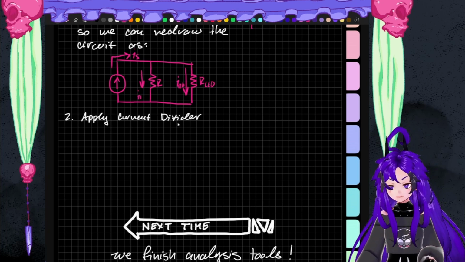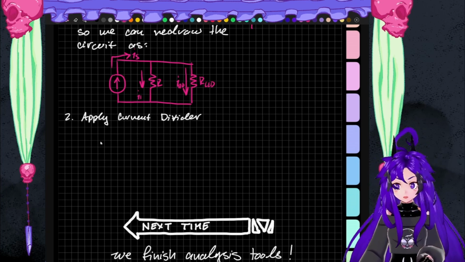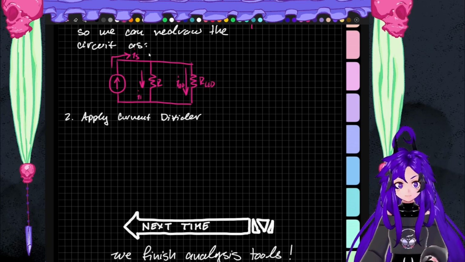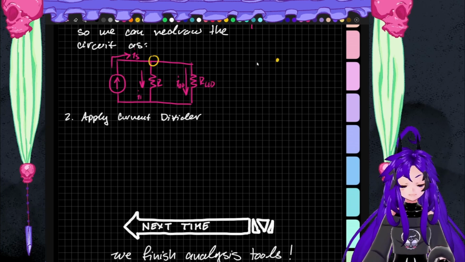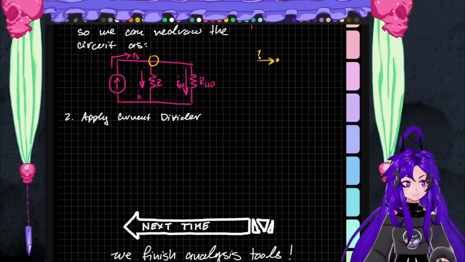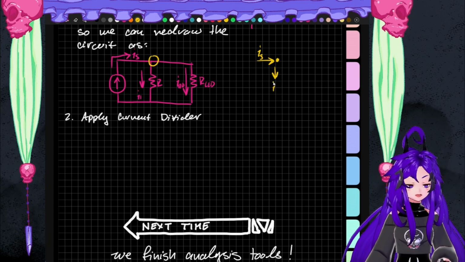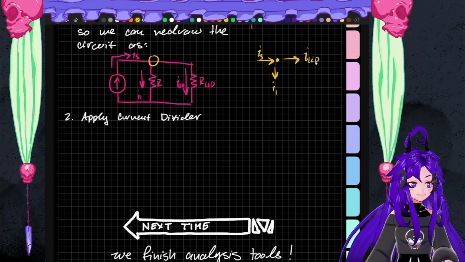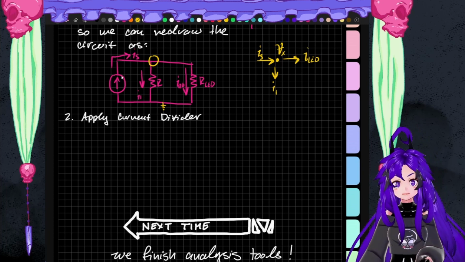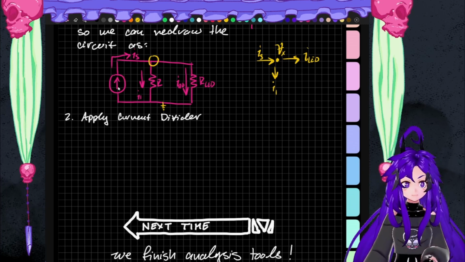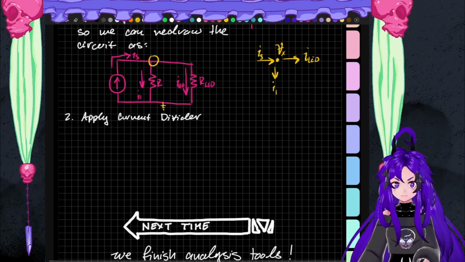That would be complicated, versus I can just throw one equation at this and be done. We could look at this with KCL and say there's I source and there's I1 and I LED, and I don't know what this voltage is. I know down here is going to be ground, but we weren't given a voltage to start with. So this whole thing becomes just more work than it has to be.